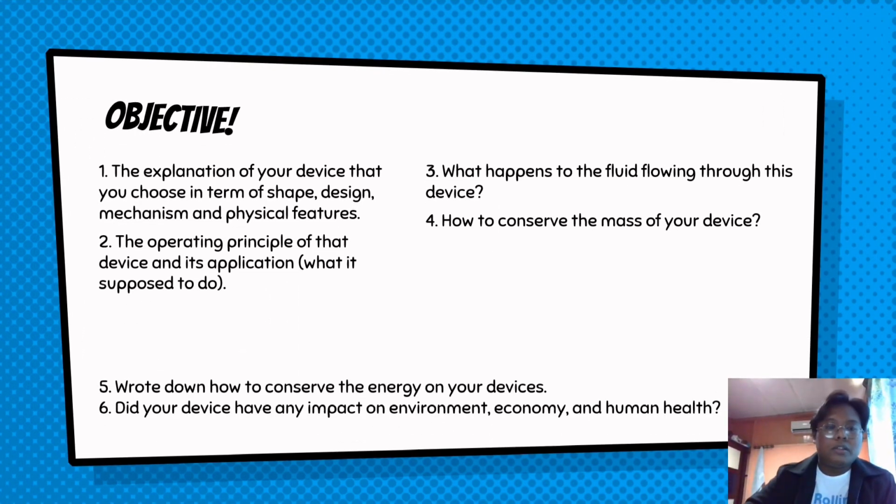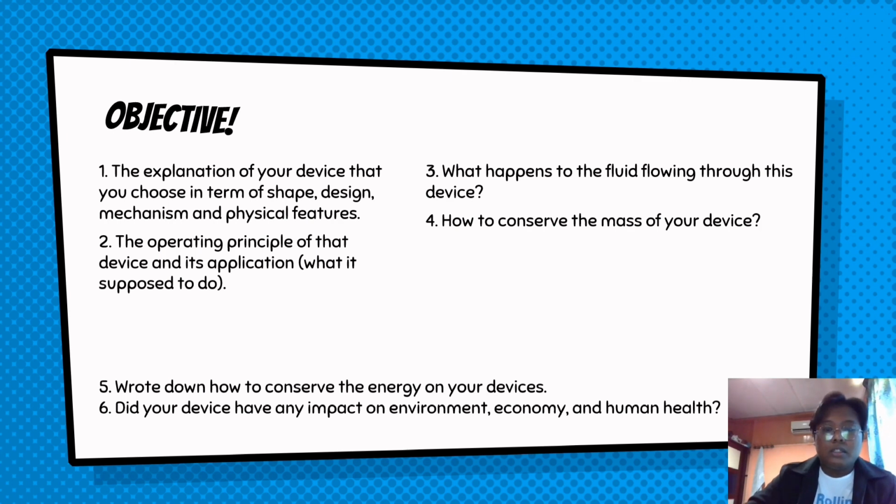The first objective is the explanation of our device in terms of shape, design, mechanism, and physical features. The second objective is to explain the principle of the device and its application, and what it is supposed to do. The third is what happens to the fluid flowing through this device.